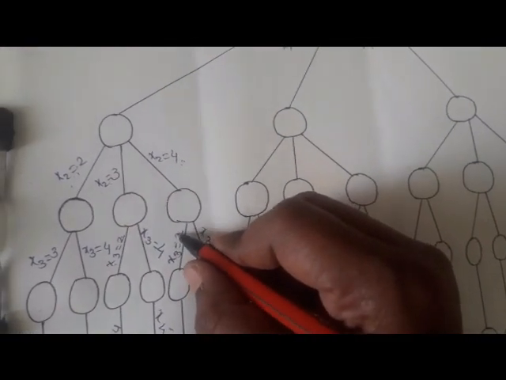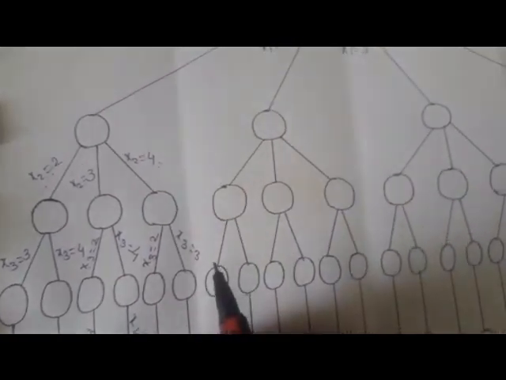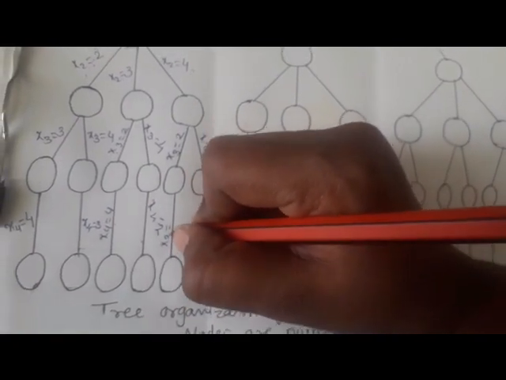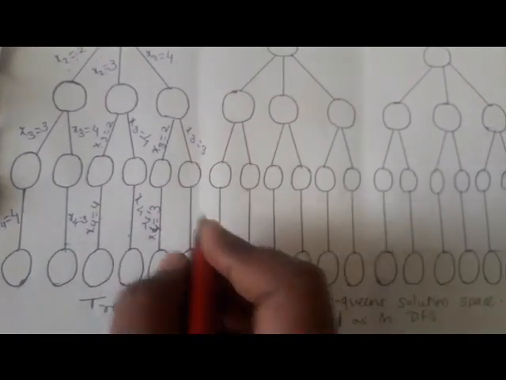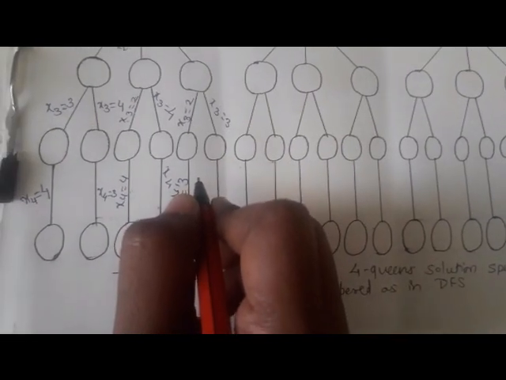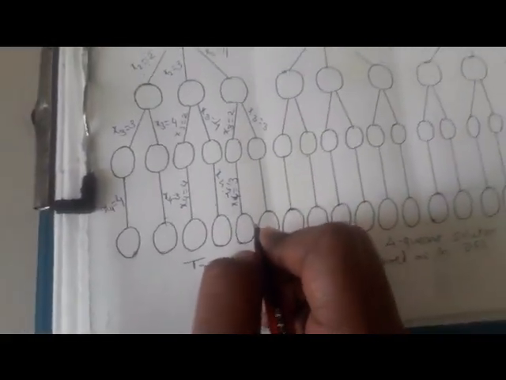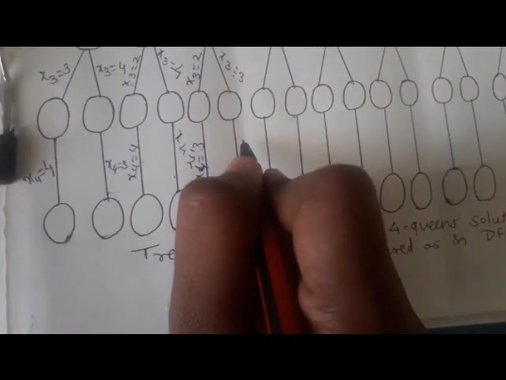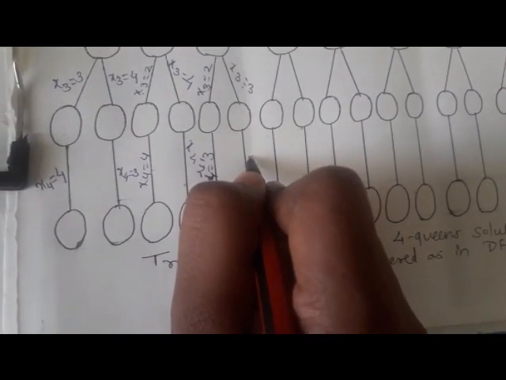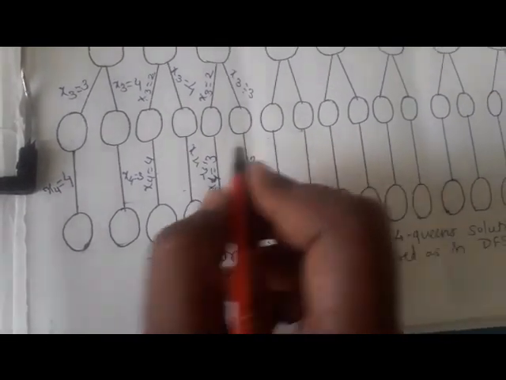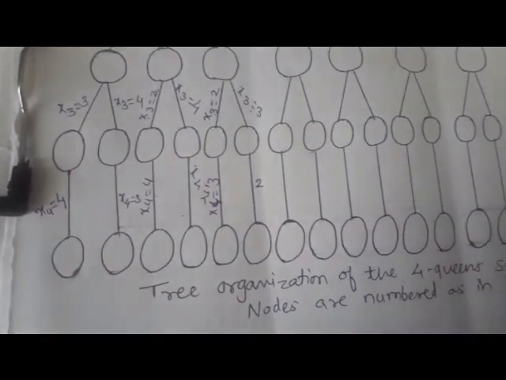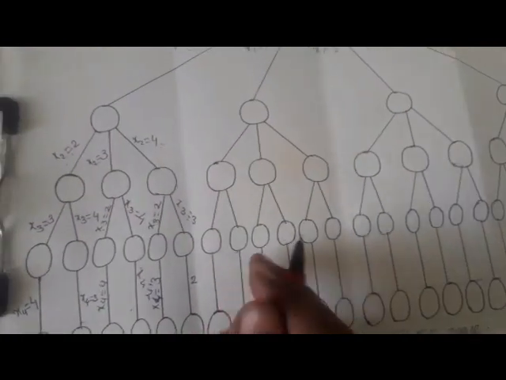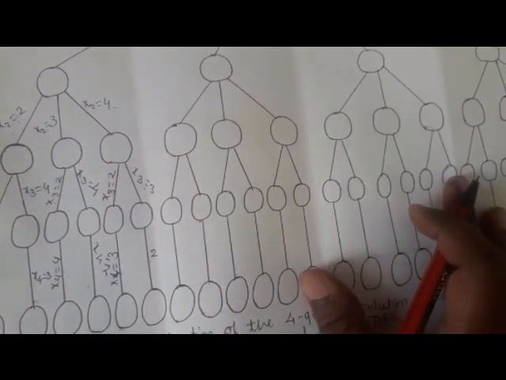If x3 is equal to 2, then only one is remaining, so x4 is equal to 3, and for x3 is equal to 3 here, x4 is equal to 2. Since all these edges are for x4, I write only the value. In this way we complete all these nodes, all these edge values first.